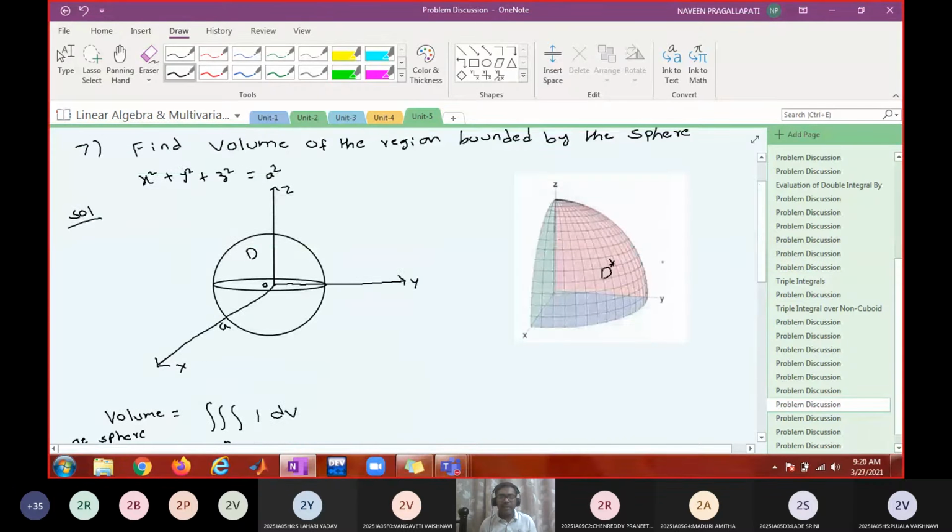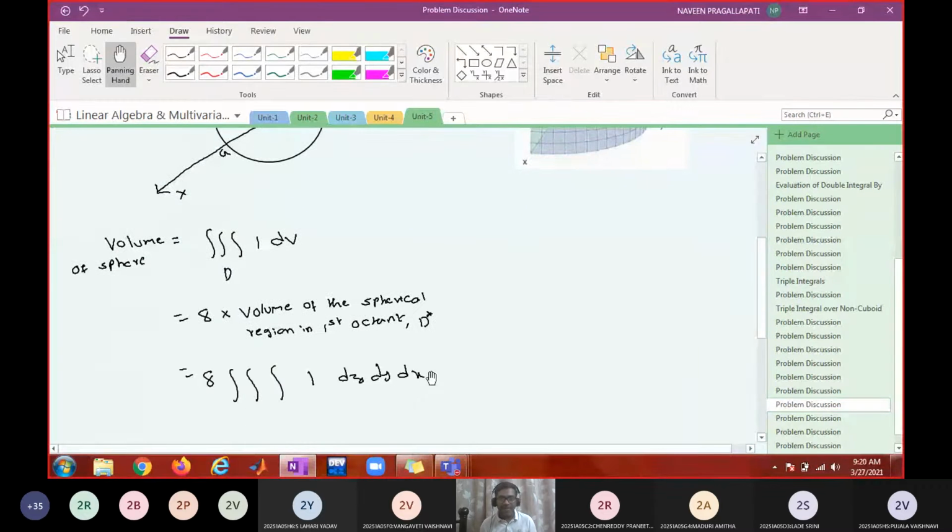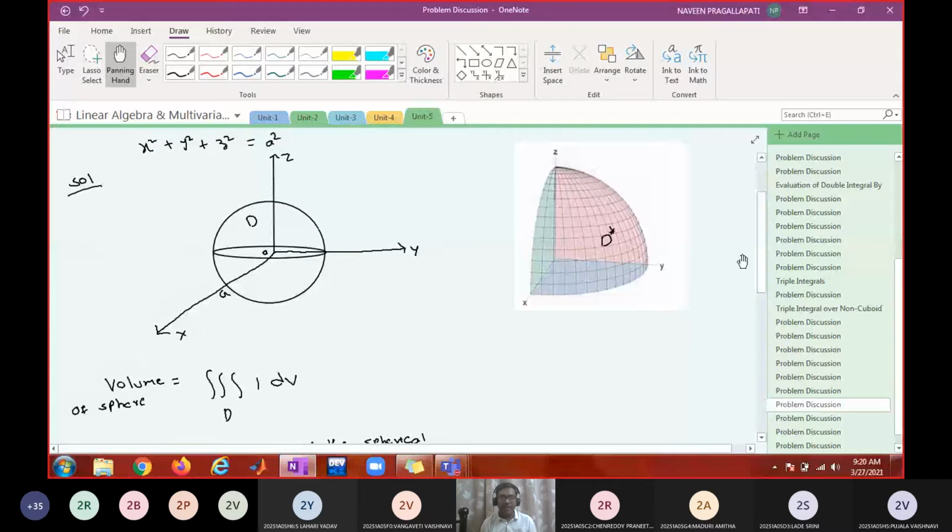Then you have to take the projection of this region. You have to take the projection of the region on what plane for this order? XY plane. Okay, so can you see the projection of the spherical region on XY plane? This blue shaded area. I will call that Rxy.